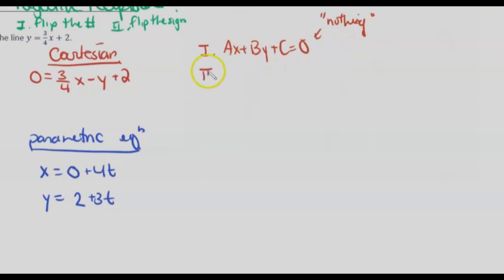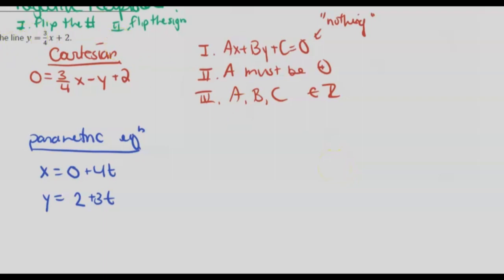Now, number 2, the coefficient of x, so a, must be positive. Also, a, b, and c must be integers.